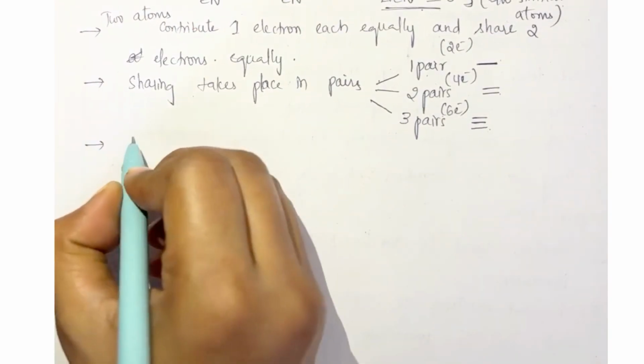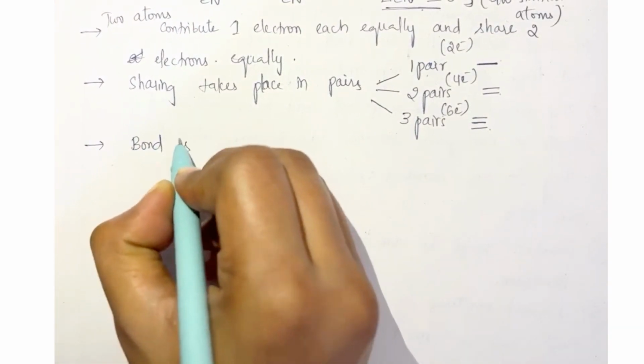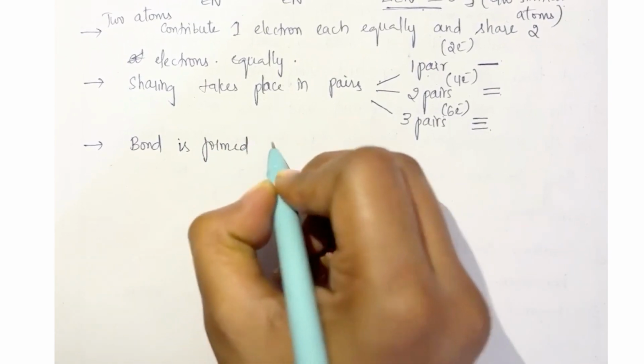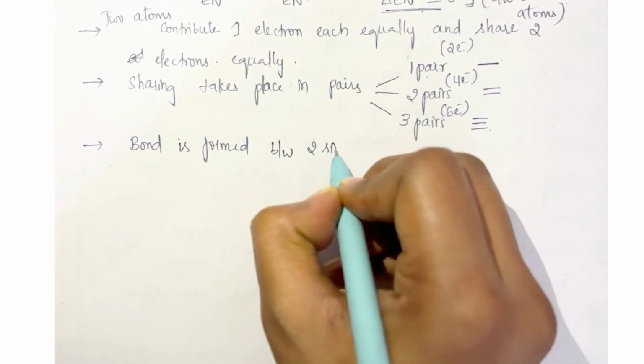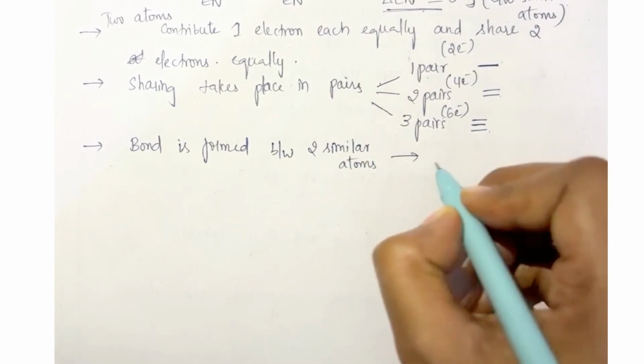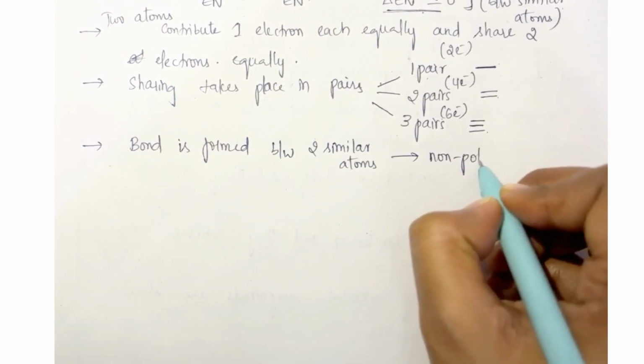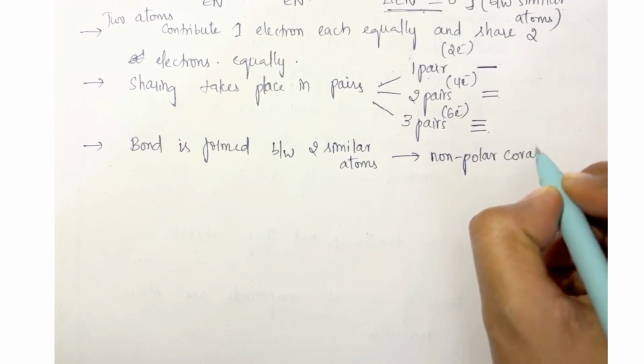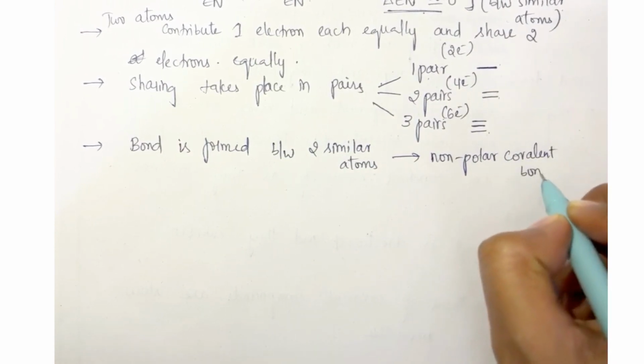Suppose if the bond is formed between two similar atoms, then such bond is called non-polar covalent bond.